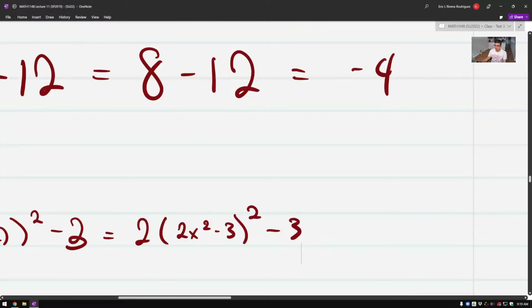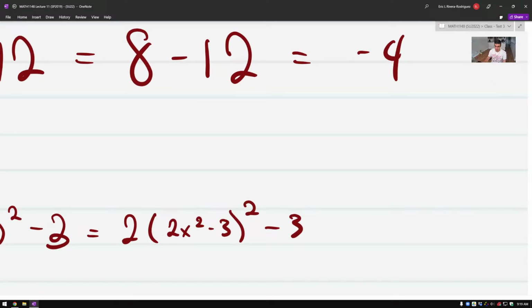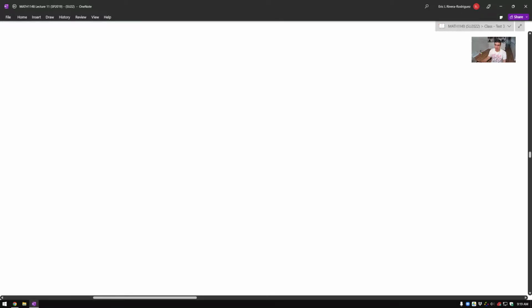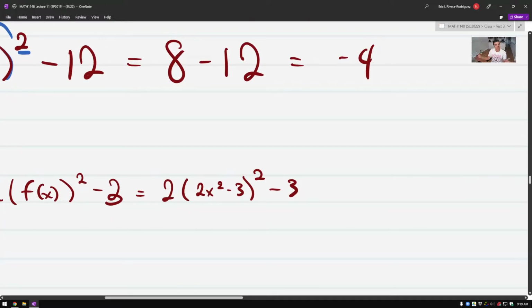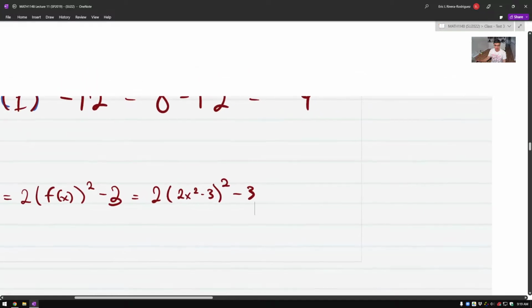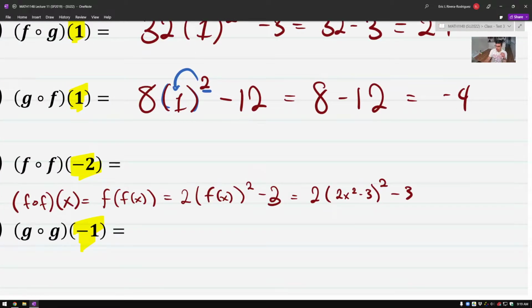Okay, so we are here. So we can expand this, or we can leave it like that. We don't need to make things more complicated for us, because the only thing that we need to do is to replace the value of x with the value that is given in the exercise. So this is our definition of f composition of f.